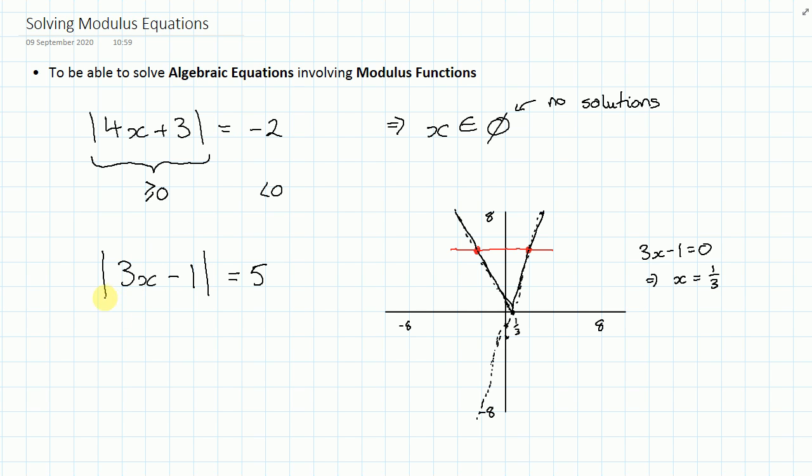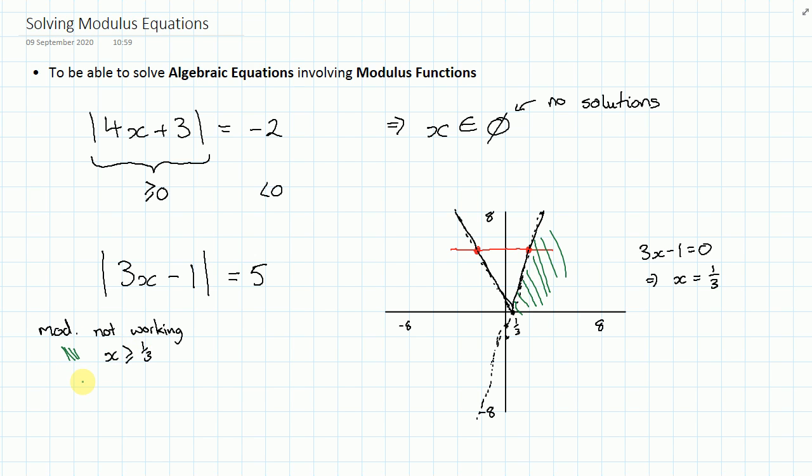That's, first of all, consider the modulus isn't working. So modulus not working, and that is when x is greater than or equal to 1/3. So that's everywhere on this portion of the graph over here. So that's the green bit.